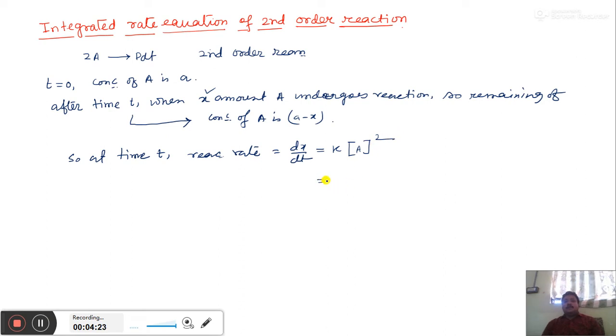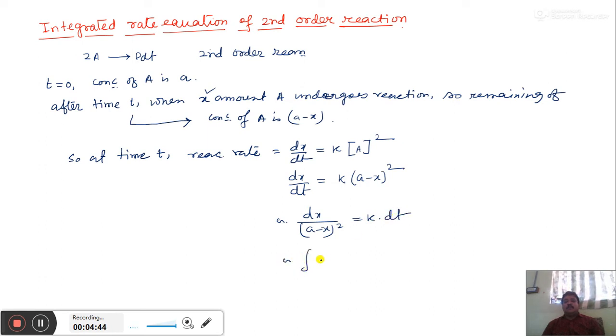Now at time t, the concentration of A is a minus x, so dx/dt becomes k into (a minus x) whole square, or dx by (a minus x) whole square is equal to k into dt.